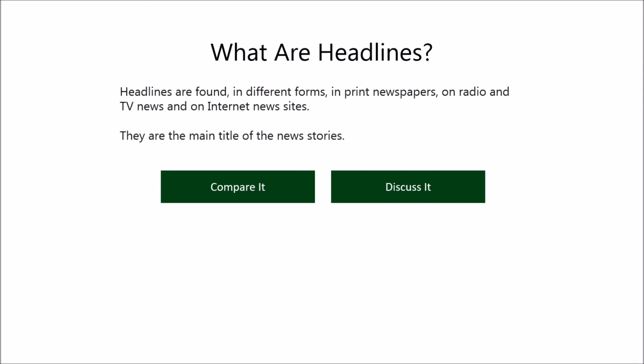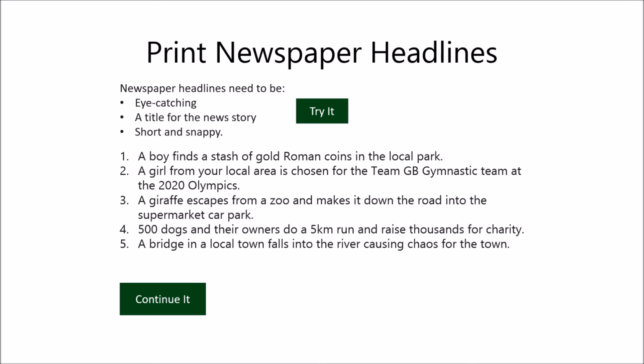So, what are headlines? Headlines are found in different forms: in print newspapers, on radio and TV news, and on internet news sites. So, they are the main title of the news stories.